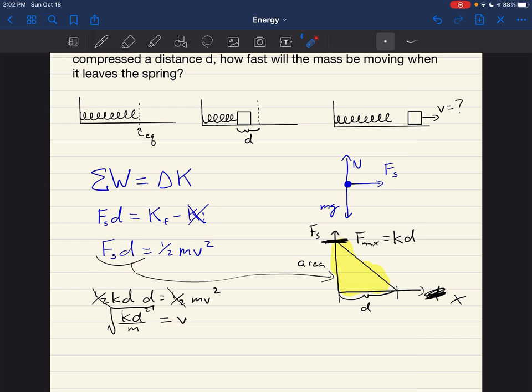You need to take into account that the force is changing as the spring stretches or squishes. Here it's actually unsquishing. So you've got to find the area under that force versus position graph. This is the force on the block versus position as it's being shot off. So that's where this came from. This was the area of this triangle.